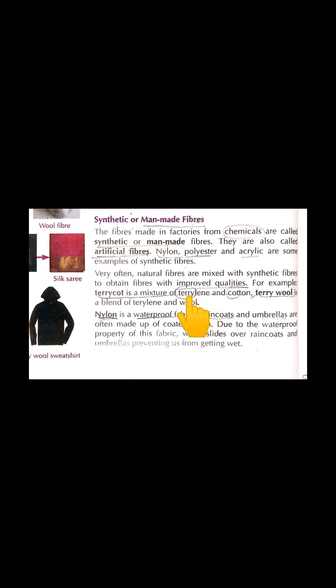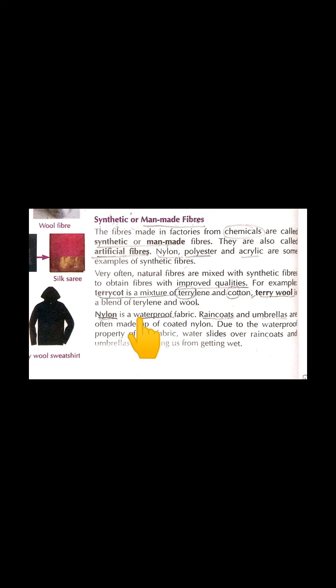Terylene is a synthetic fiber and cotton is a natural fiber. After blending both, we get terricot, which has the characteristics of both synthetic and natural fiber. The next is terrywool, again a mixture of terylene and wool.